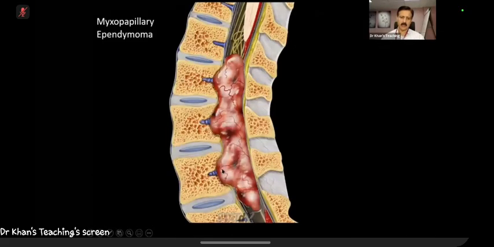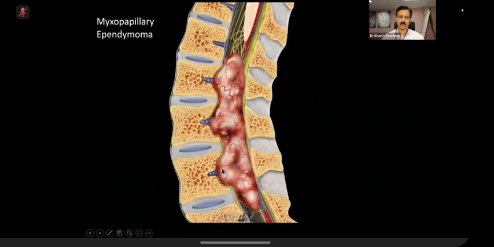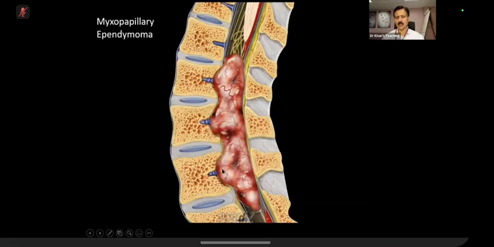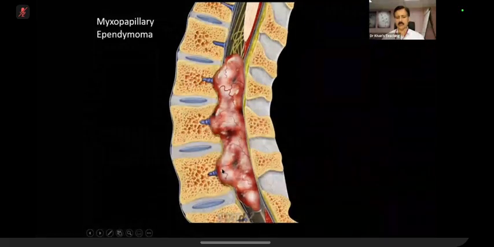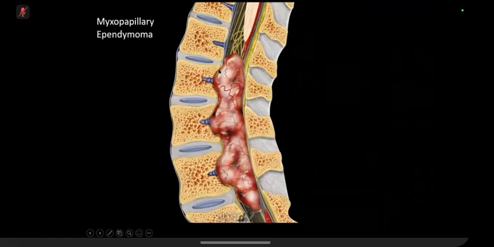Myxopapillary, right? Myxopapillary ependymoma. This is the word, myxopapillary ependymoma. So let's see this. First of all, let's see this picture. So this is a particular type of ependymoma, which of course happens in this part of anatomy. It is a slow-growing lesion, and because it is slow-growing, it will cause posterior scalloping of the vertebral bodies.